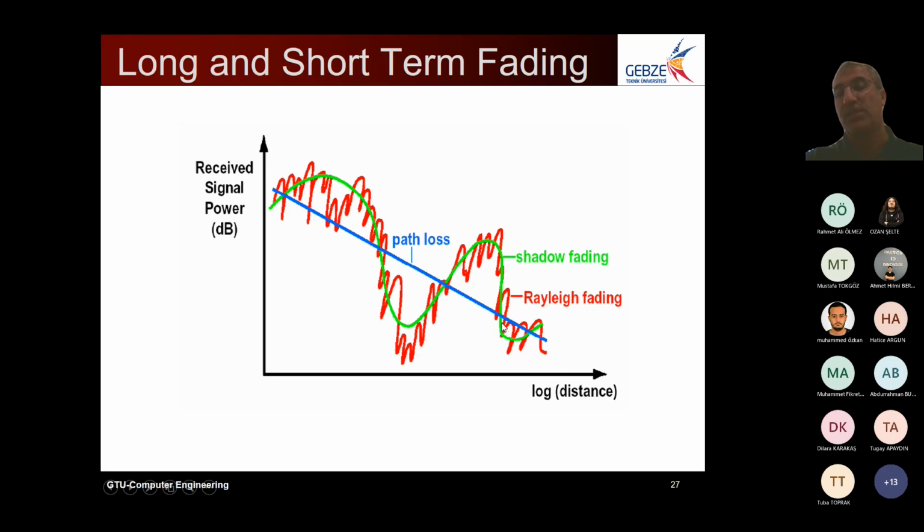The average of this Rayleigh fading gives us the shadowing fading. And the average of that shadowing fading, the green line, gives us the path loss, which is the blue curve. As the distance increases, you see the path loss, and the received signal's power also decreases.